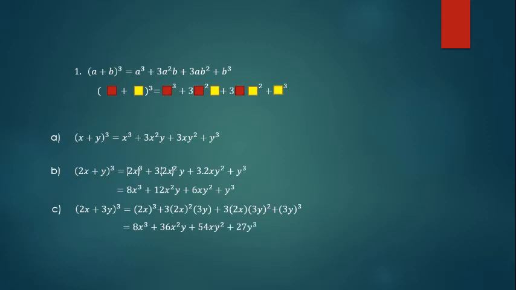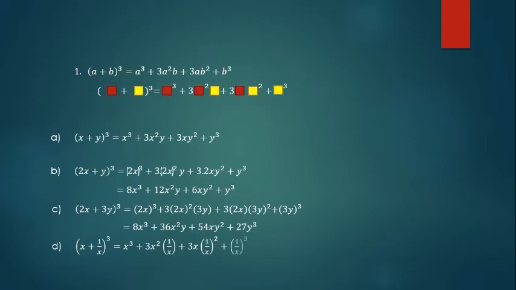In the next example, we take x and 1 by x instead of a and b in the formula, or those red and yellow boxes respectively. In this case, in those thrice terms, there shall be cancellations. Now let's see that.